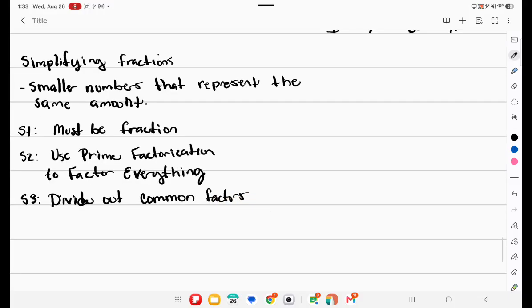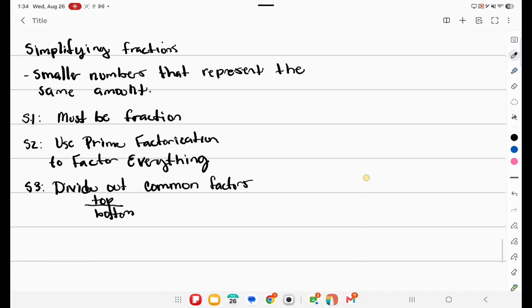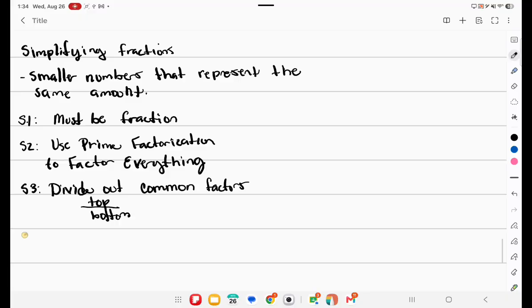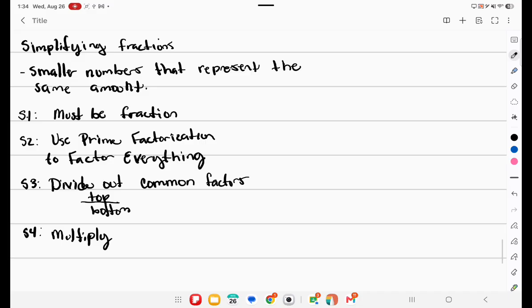This is what I mean. You look for factors at the top and see if they have the same factors at the bottom. All right? And the last step, multiply the leftovers.